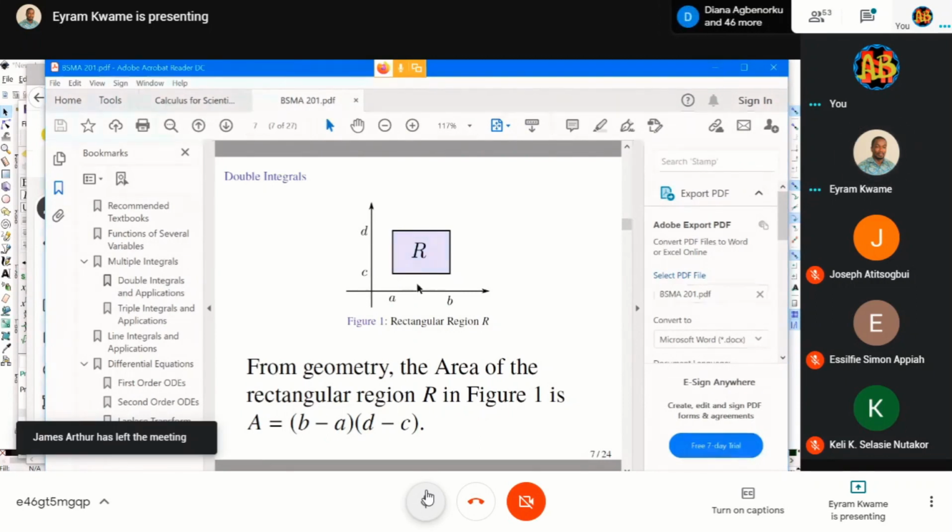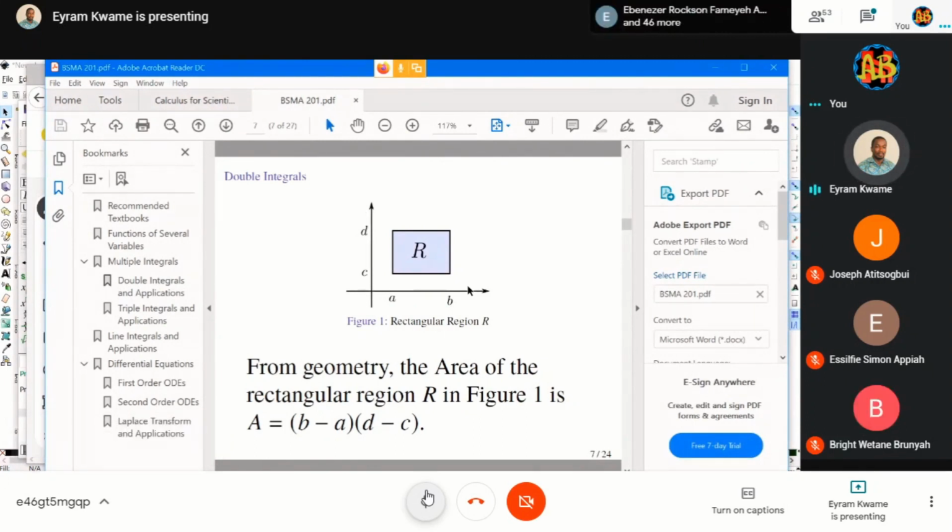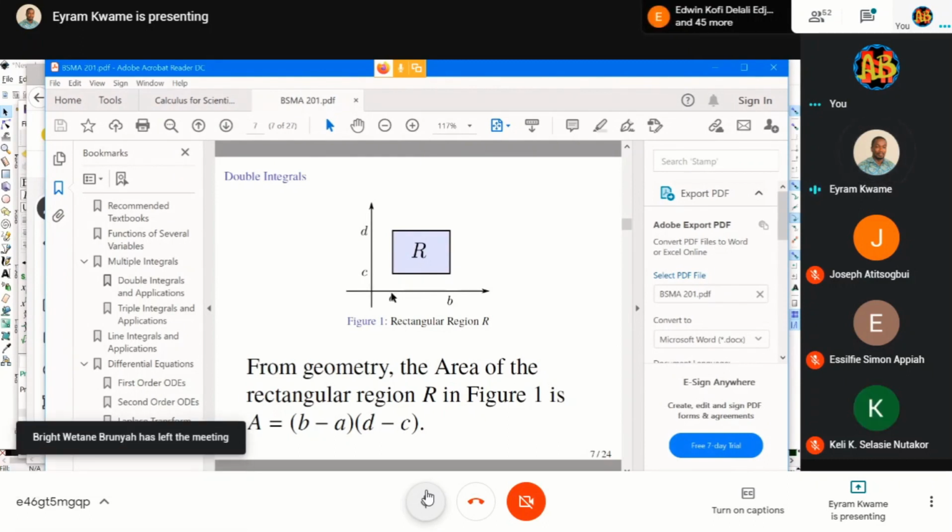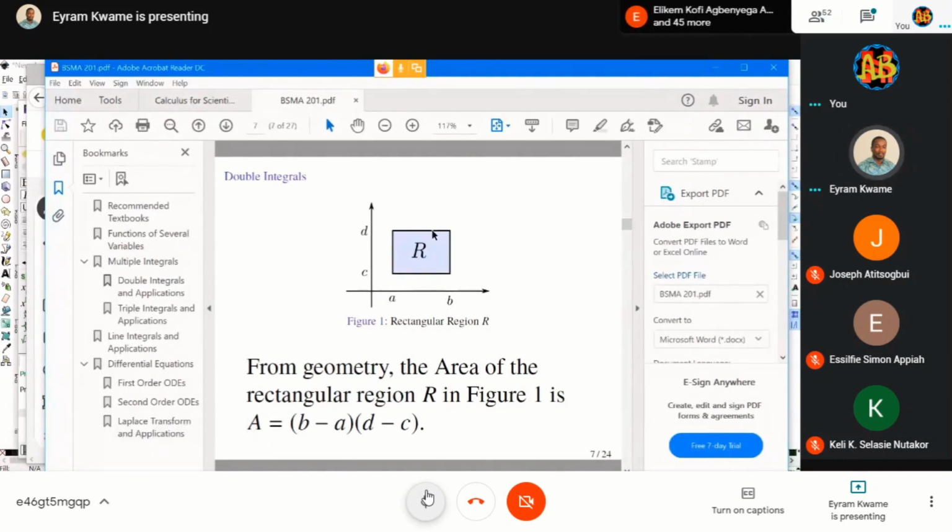If you have a rectangle which on the x-axis goes from A to B, and on the y-axis from C to D, the length is B minus A, and the breadth is D minus C. Then the area of this region R, the shaded region, is length times breadth, which is B minus A times D minus C.